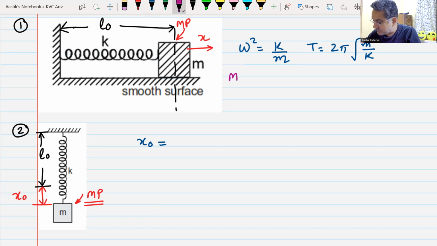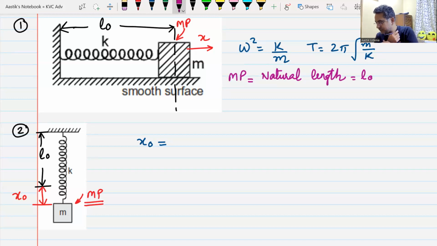The mean position here, in this case, is the natural length of the spring. Where will the mean position be? At the mean position, the force downwards is mg, the force upwards is F naught.